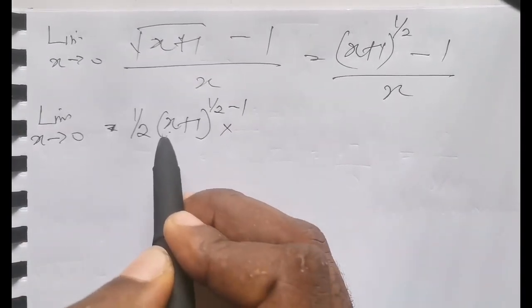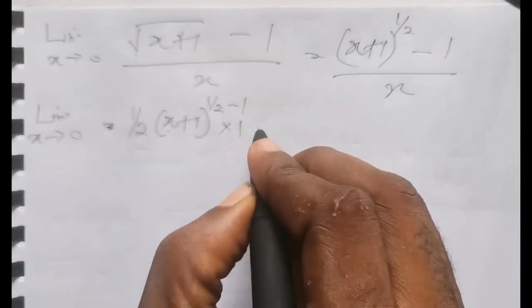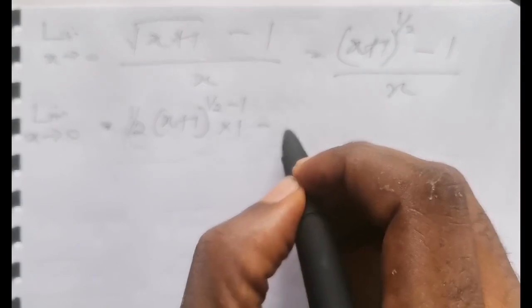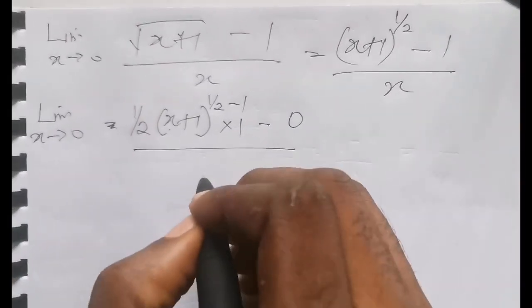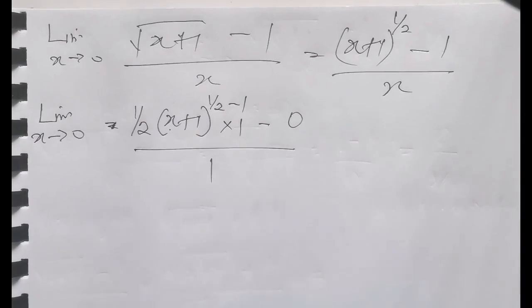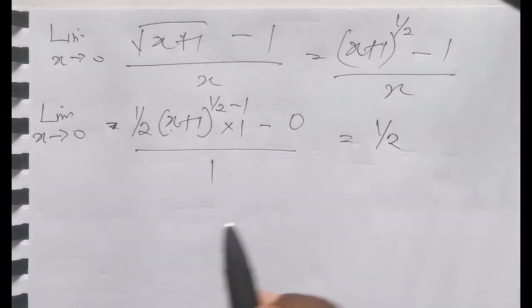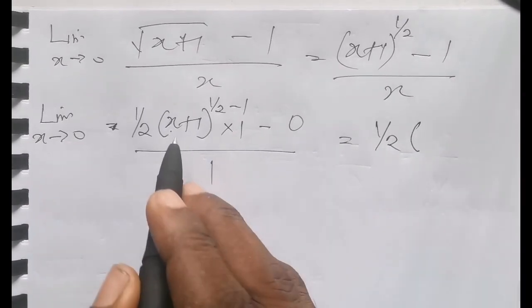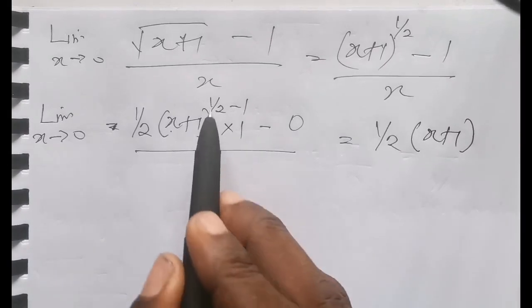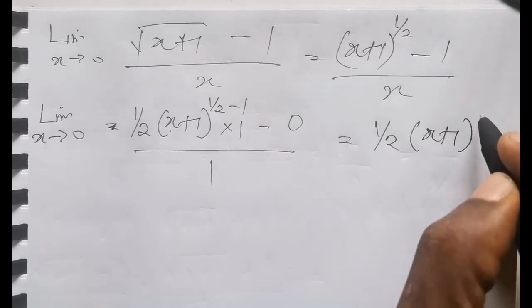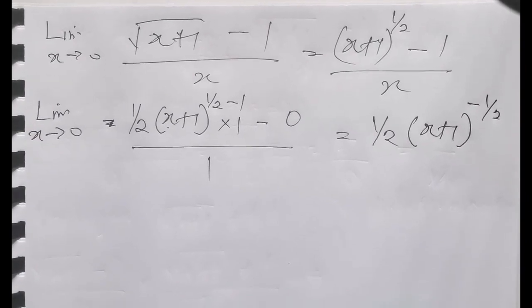So x raised to the power of 1, its derivative is simply 1. Minus, if I differentiate 1, I will simply have 0, all over, if I differentiate x, I will simply have 1. So this is going to be equal to 1 over 2 into x plus 1. Now, 1 over 2 minus 1 simply gives us negative 1 over 2. So this becomes my function.